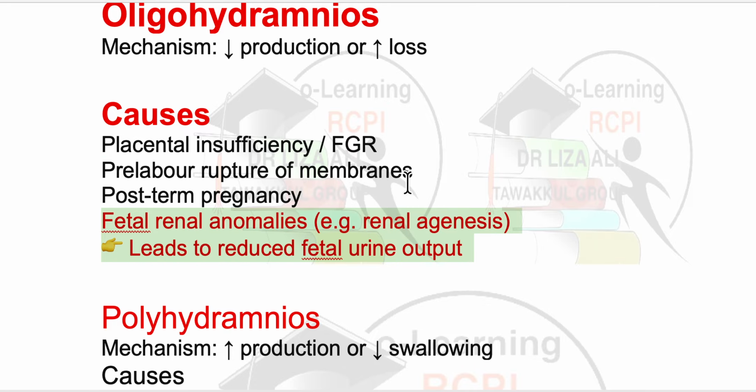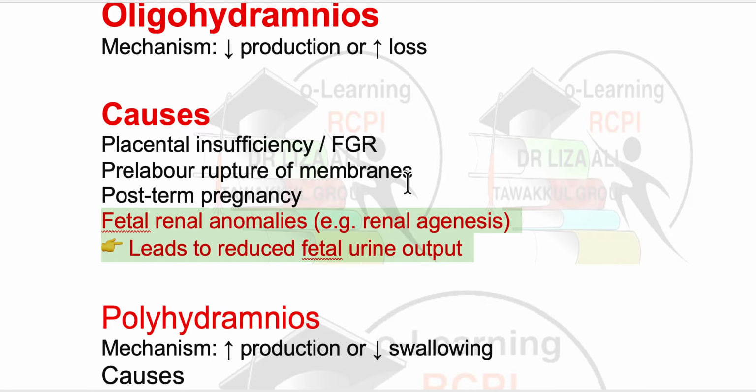Now, considering the causes: maternal diabetes is one of the causes, structural abnormalities of the fetus like GIT anomalies and obstruction, twin to twin transfusion syndrome, fetal anemia, and idiopathic.